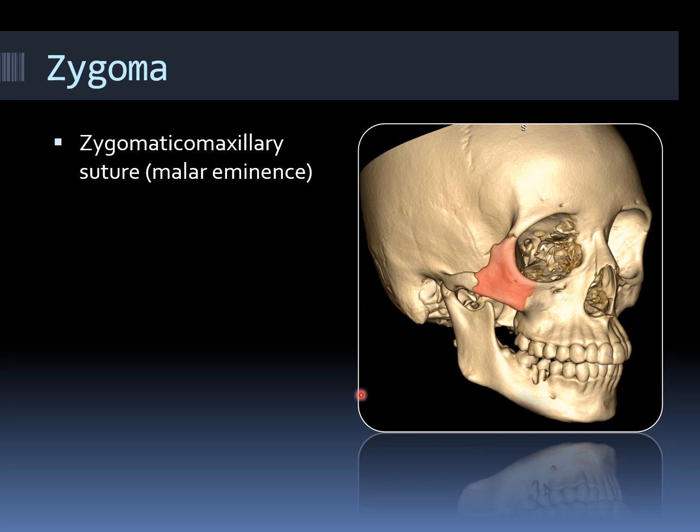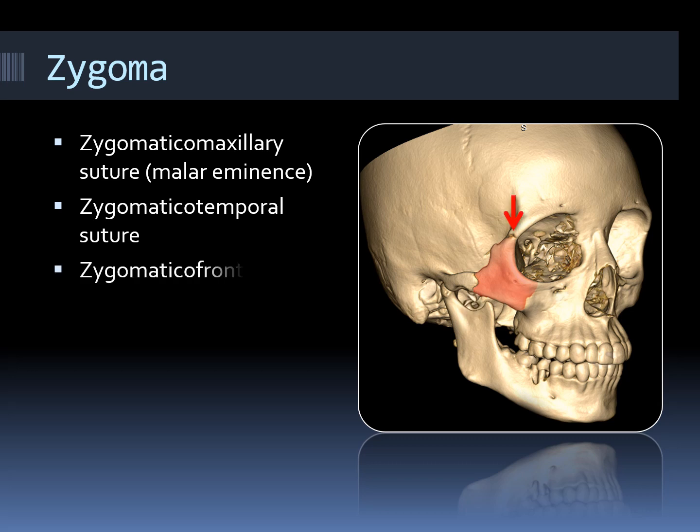So another part of your skull is your zygoma, which is composed of the following parts: your zygomatico-maxillary suture or your malar eminence, your zygomatico-temporal suture, the zygomatico-frontal suture, and the fourth one is the zygomatico-sphenoid suture, which is inside your orbital cavity.